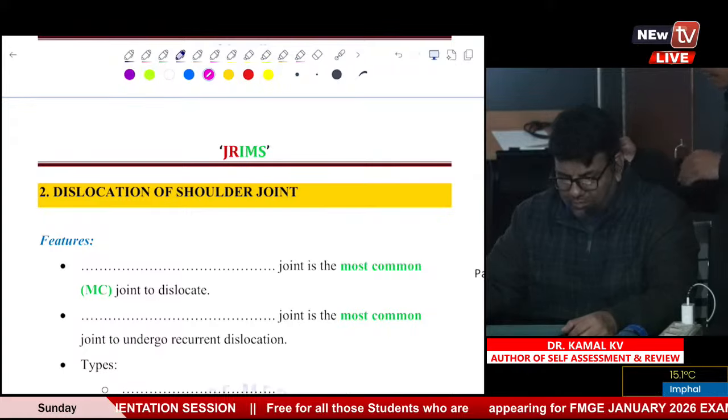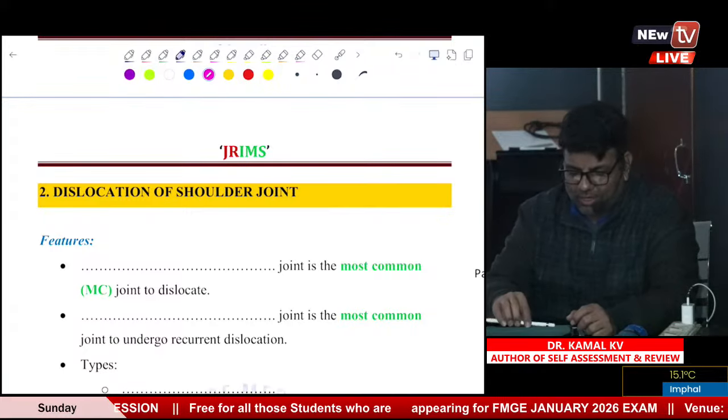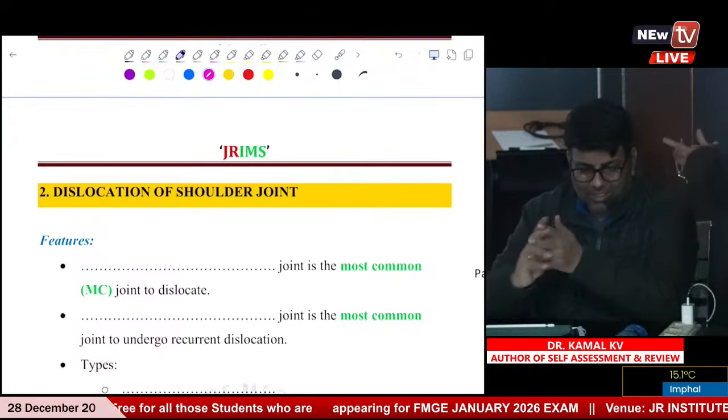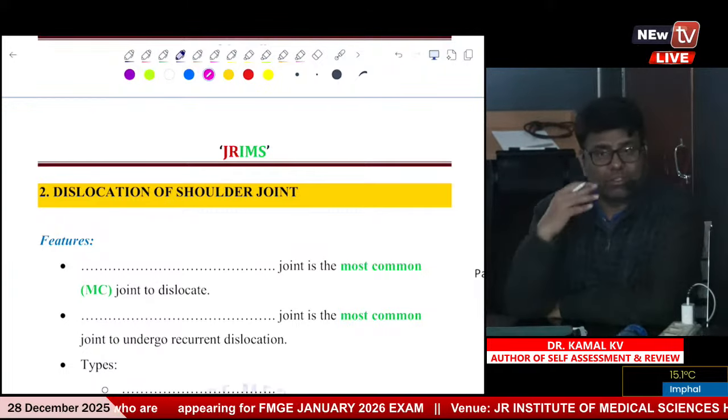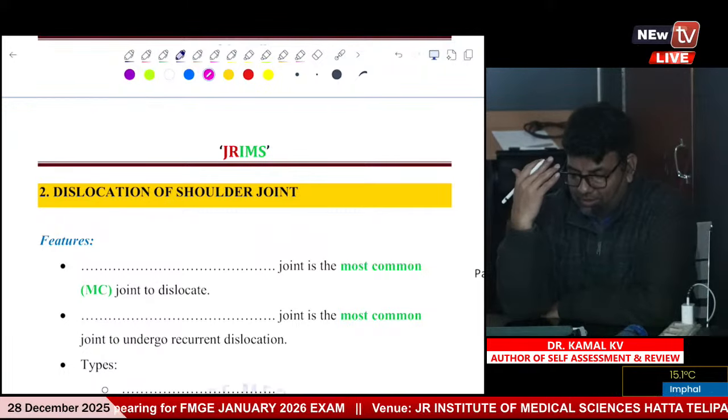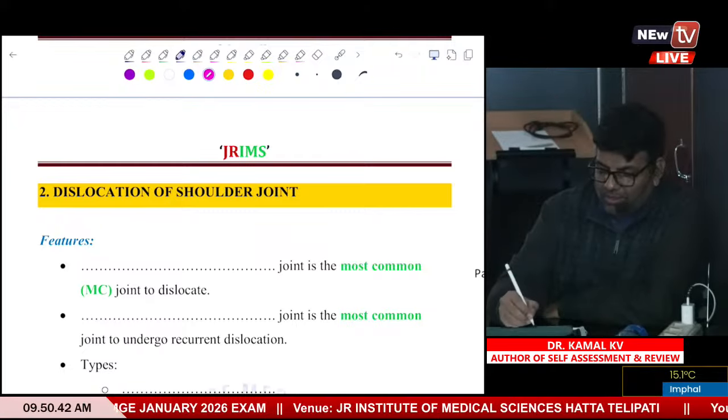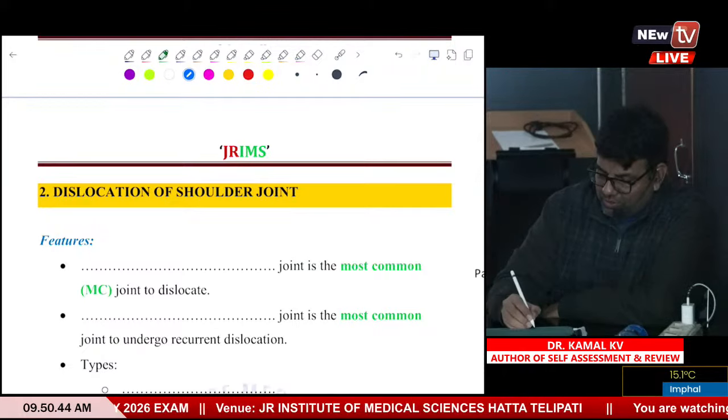One of the joints which is very commonly dislocated in clinical practice is the shoulder joint, right? So if someone asks you which joint dislocates commonly, the answer will be shoulder.